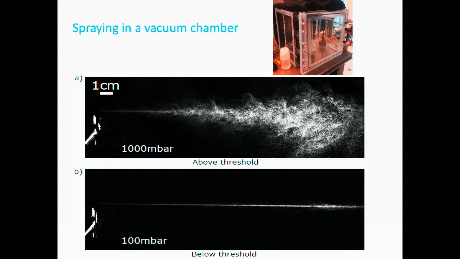This is perhaps clearer. This is atmospheric pressure, and this is 1/10 of atmospheric pressure. And so you see that the fanning out completely disappeared.